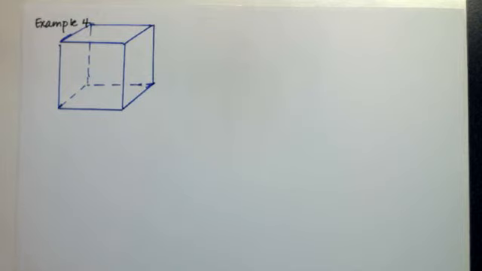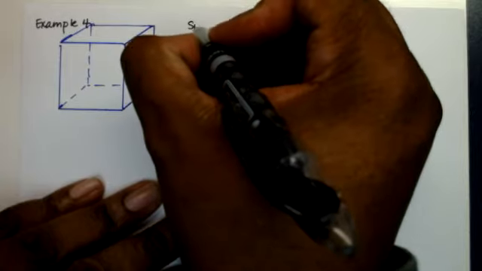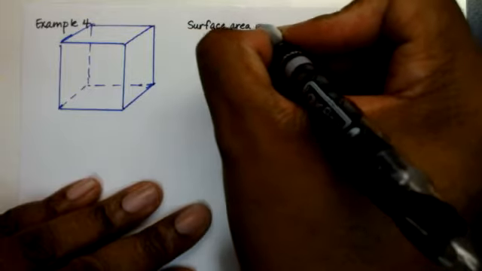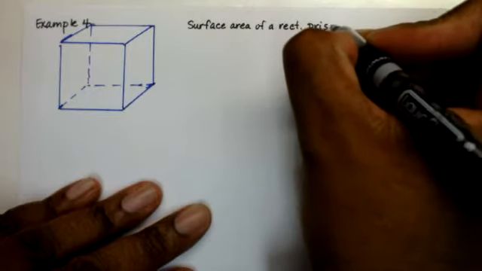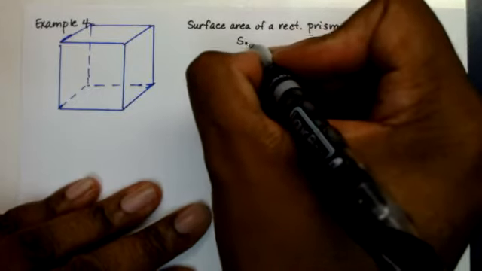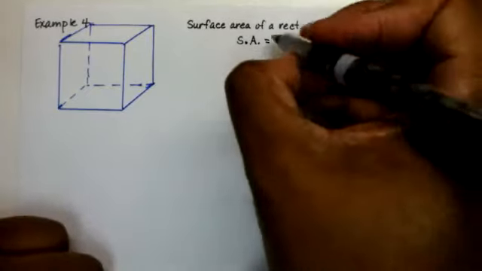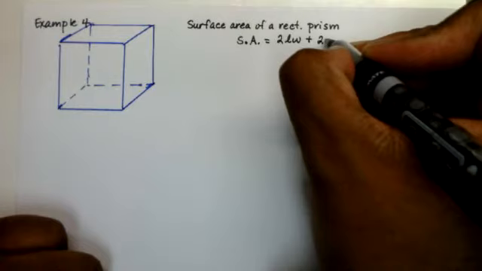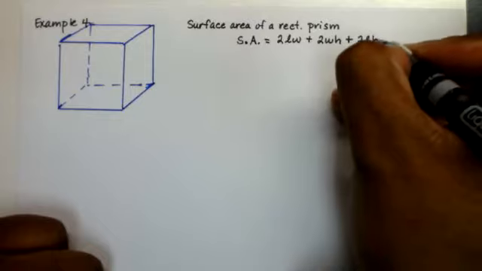All right, now, there's a couple of formulas that we do need to be familiar with. One is going to be the surface area of a rectangular prism. I'm going to use SA for surface area. Usually the formula for finding the surface area of a rectangular prism would be this: 2 times the length times the width, plus 2 times the width times the height, plus 2 times the length times the height.